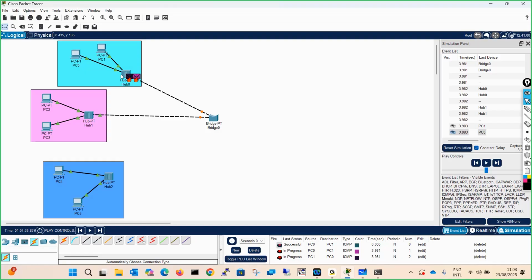The collision is there on the hub. Now let's see what happens further. See now, the same collision comes to the bridge. The collision was there. This collision was forwarded on the bridge also. Now let's see what happens further, whether the bridge forwards the same collision or not.